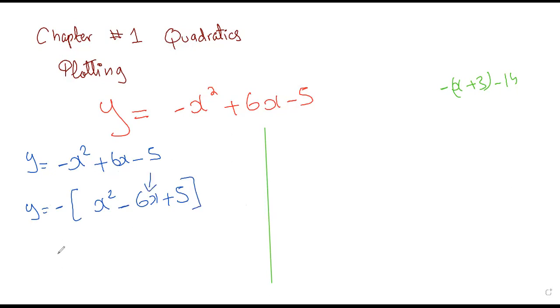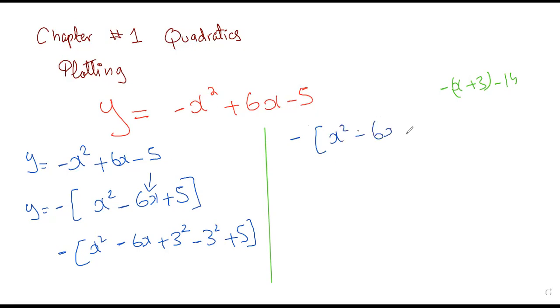This is 6x. This means that half of 6 is 3. So we need to add 3 square and subtract 3 square like this. Do you agree? This will give me x square minus 6x plus 3 square minus 9 plus 5.